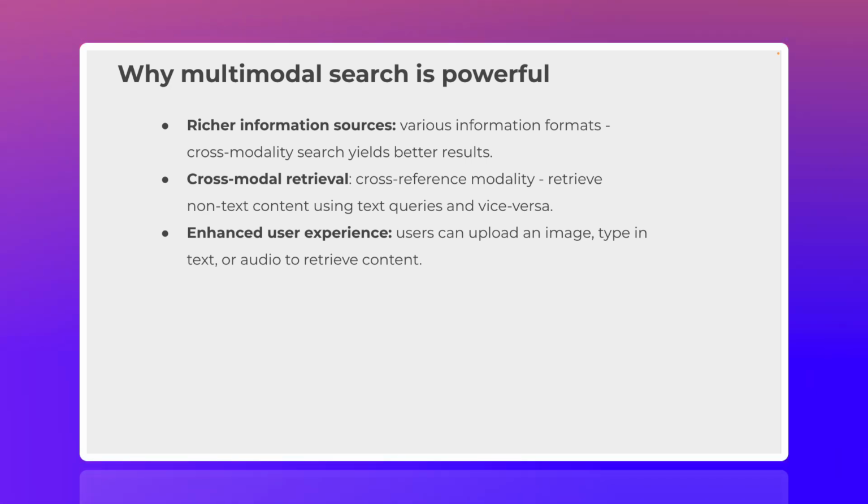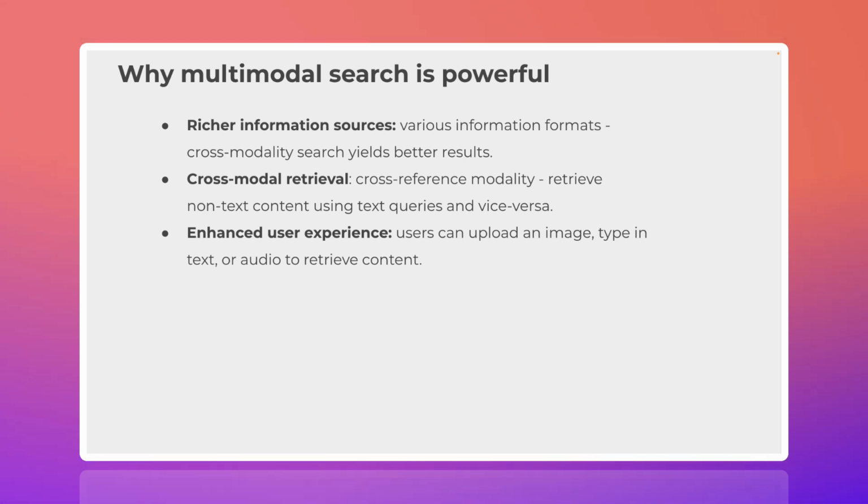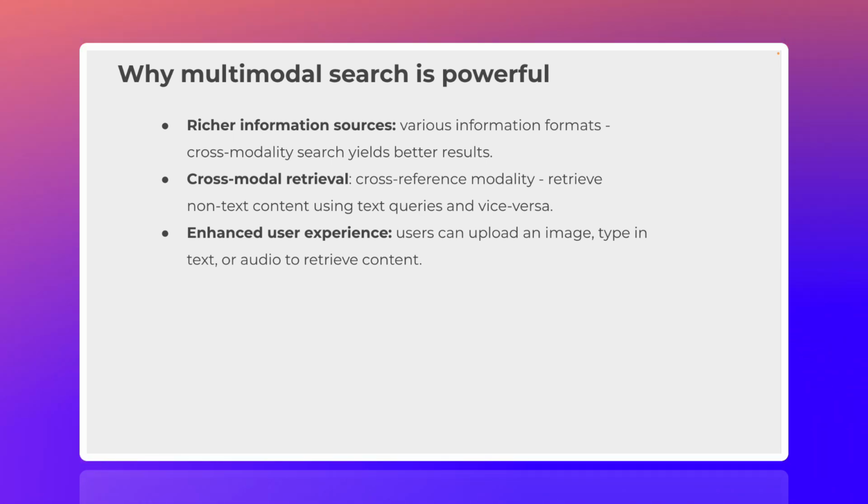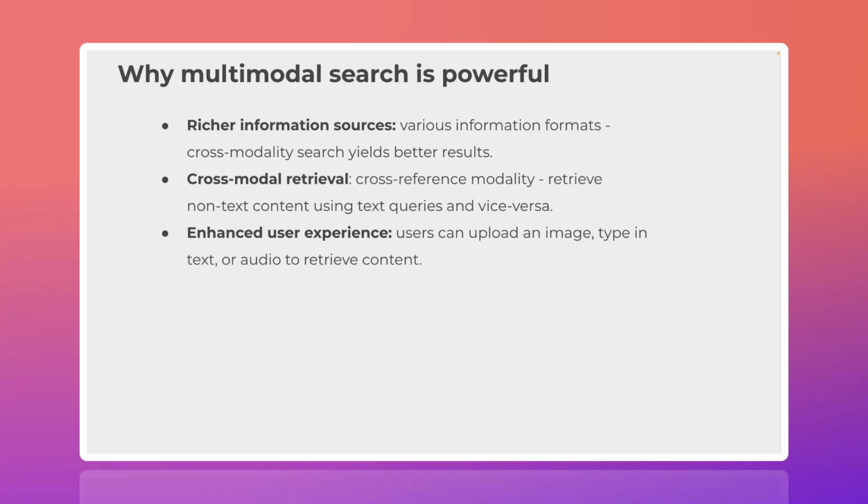So we give users the capability of uploading an image, typing in text, or providing an audio snippet to retrieve relevant content. Okay, and this flexibility makes the system much more versatile for a range of applications, from e-commerce, like finding products by photo or description, to even educational systems, like retrieving video tutorials alongside articles.